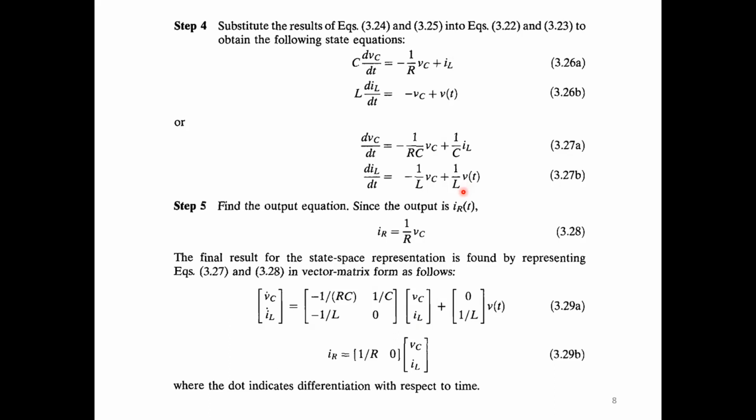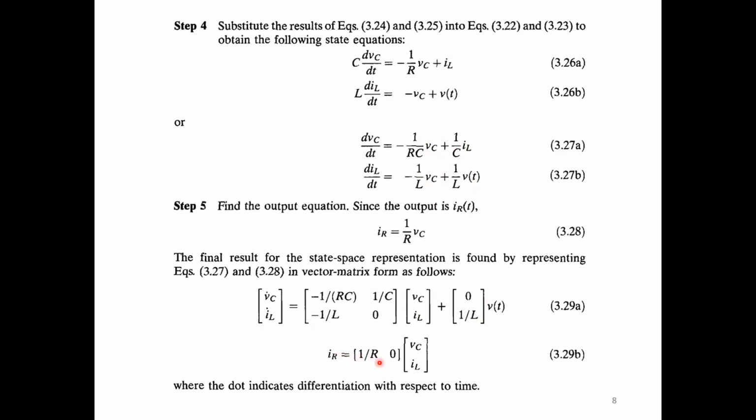Okay. See, here the VC term and the IL term. So here the IL term is 0, so it would be 0, for VC and IL. And for the vT, first one 0, second one 1 by L. Okay.